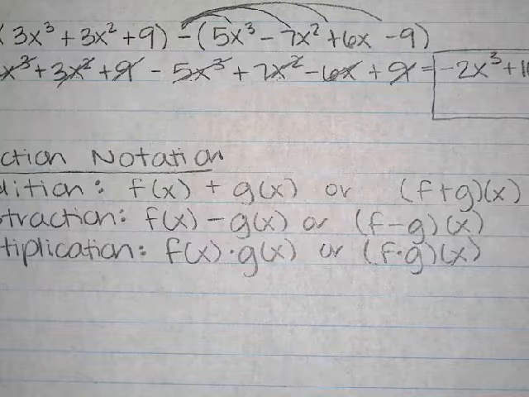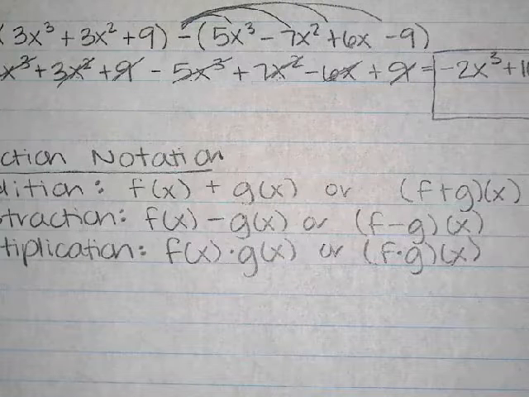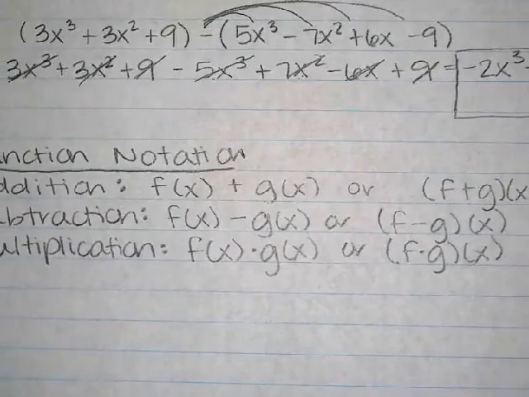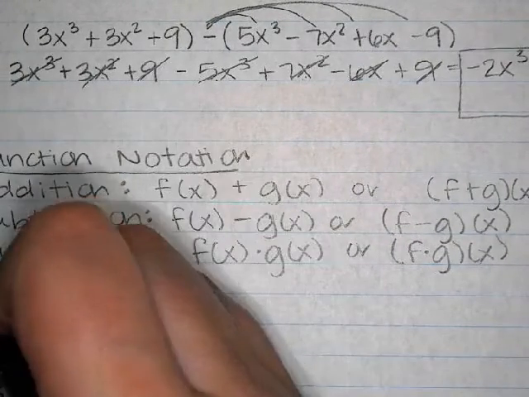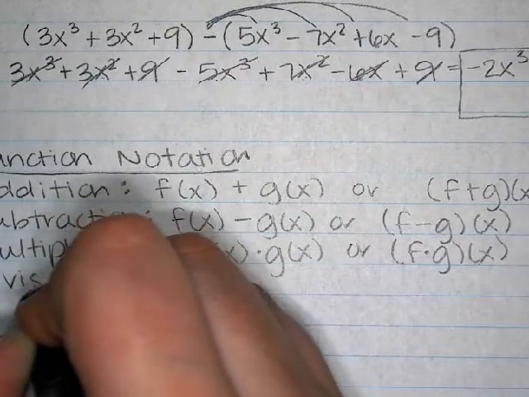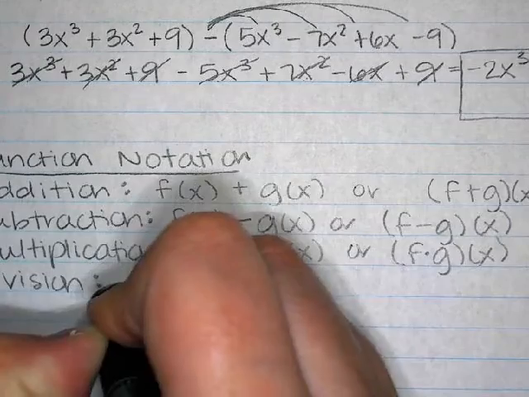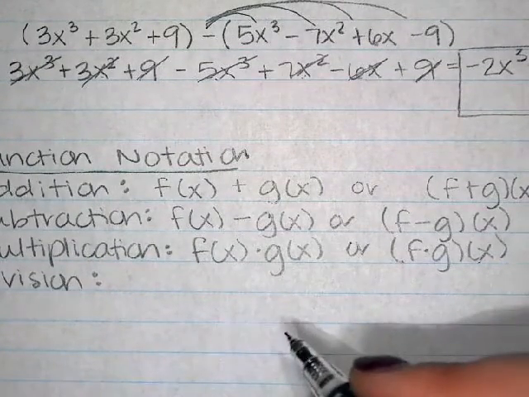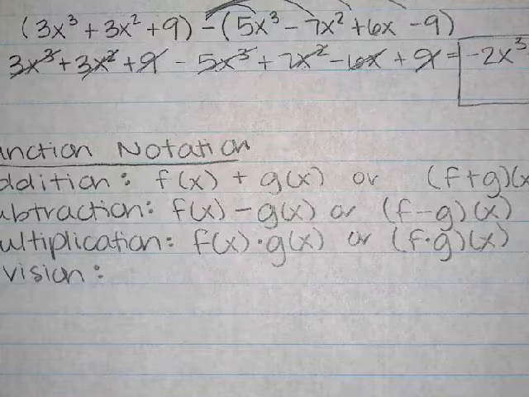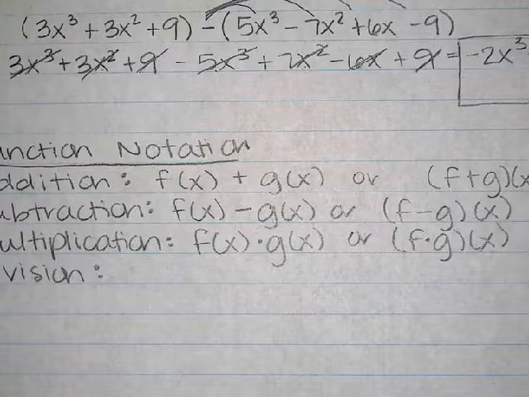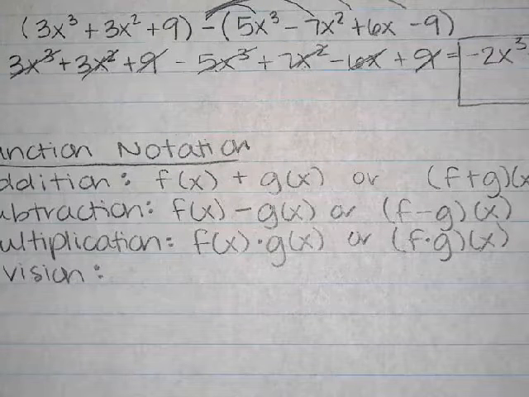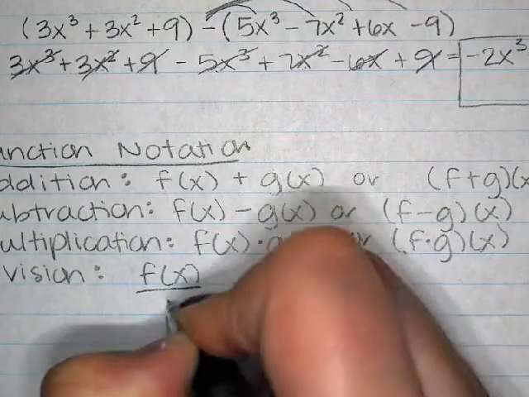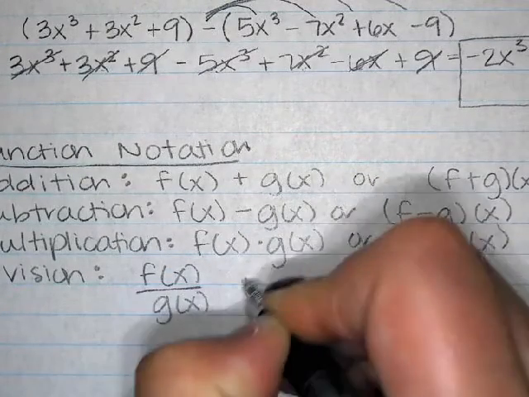Okay. And then last, we have division, which is going to be, this one has the most different ways that it can be written because division can be written with the little division symbol, but it can also be written as a fraction. So we could say f of x divided by g of x, which means that if we were to shorthand it, we would just say f divided by g of x.